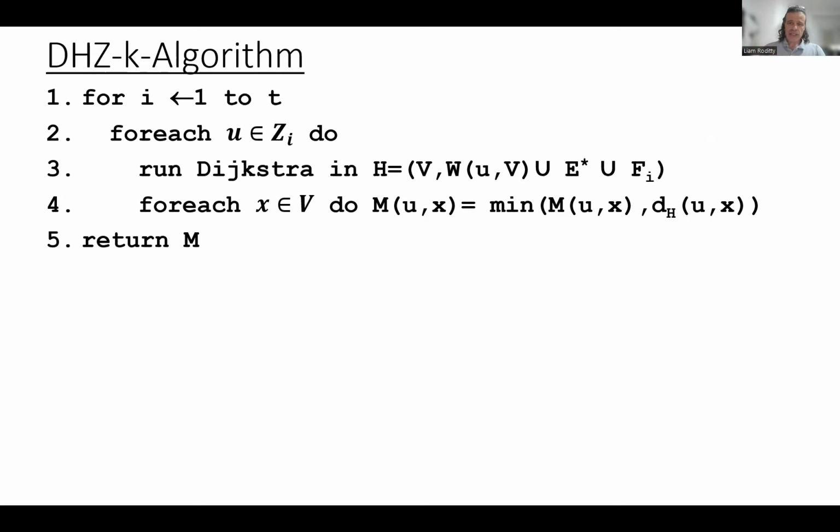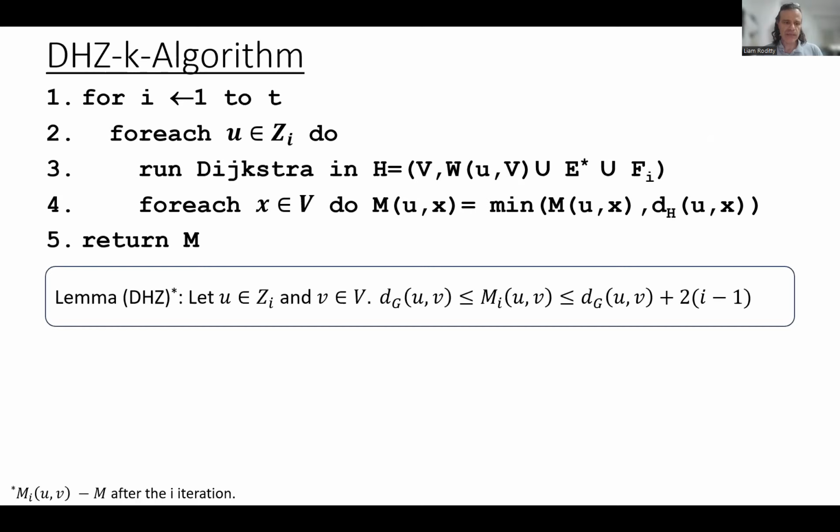The edge set E star denotes simply all the edges between vertices and their hitting vertex, and the set Fi, which we defined in the previous slide. And after we do this Dijkstra, we simply update for every x in the graph the current estimation in the matrix with respect to the vertex u.